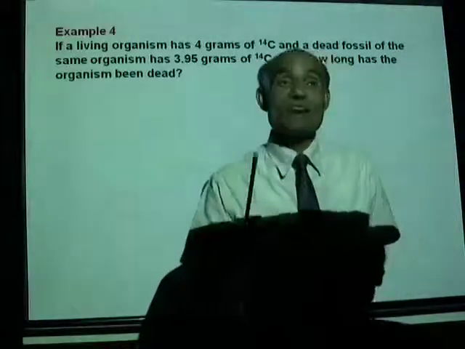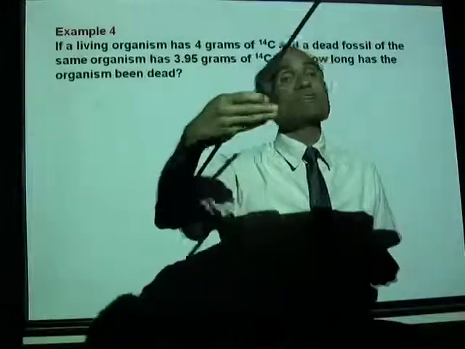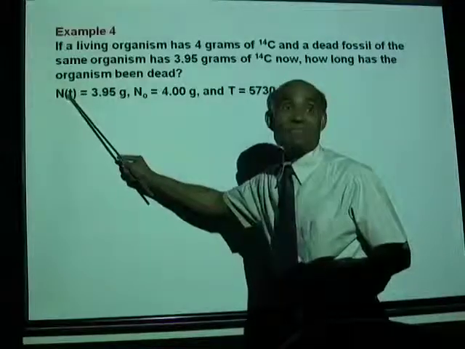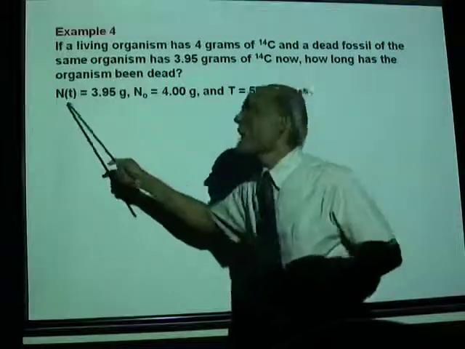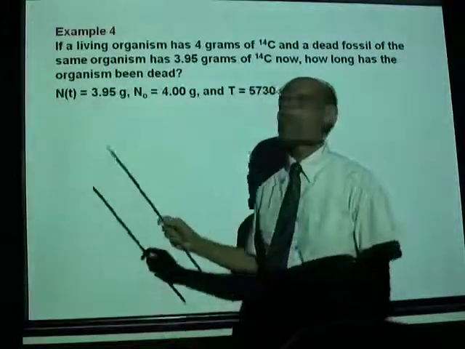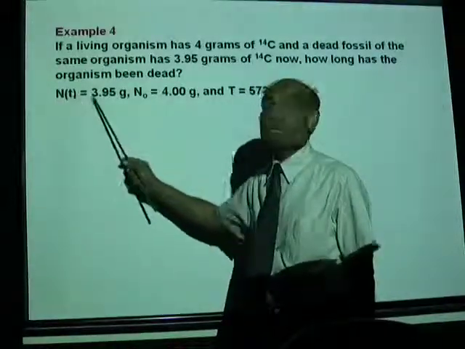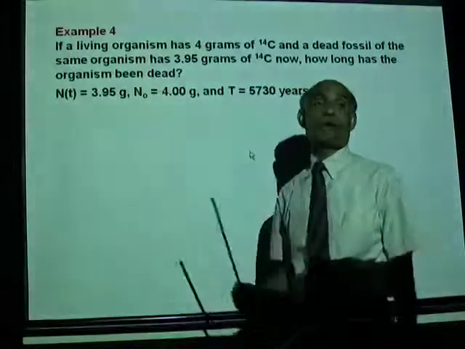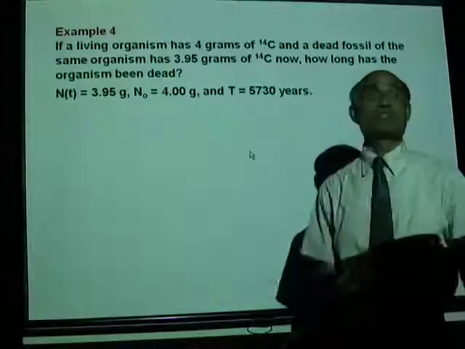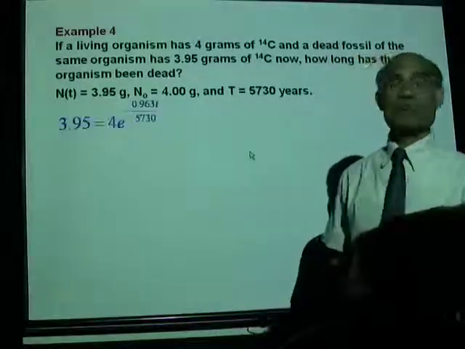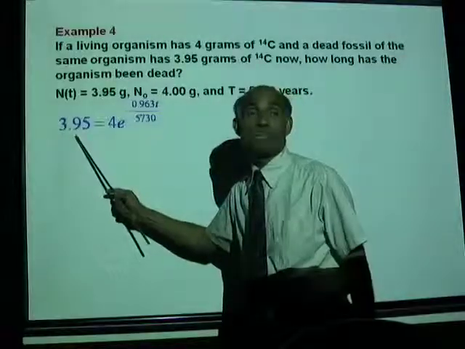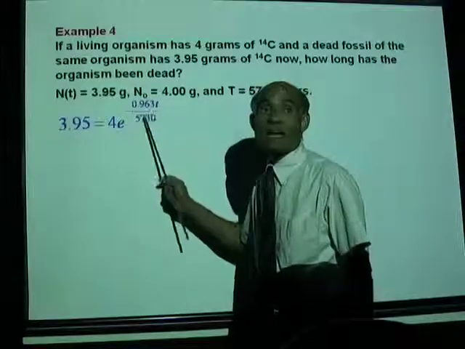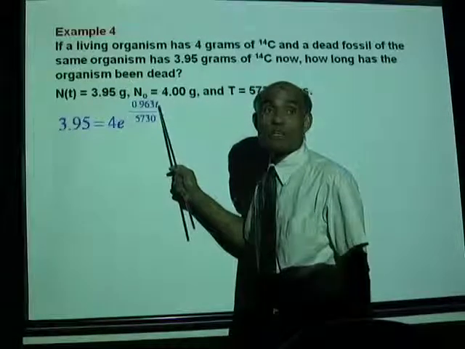And since we know the half-life, we can now find out the time taken for that decay to take place. Well, we have N of t. I should have written A of t. The amount of carbon-14 at a given time is 3.95, and the amount in the beginning is 4 grams, and the half-life is 5,730 years. And you know the relation. N of t equals N0 e to the power negative lambda over the half-life period multiplied by t.